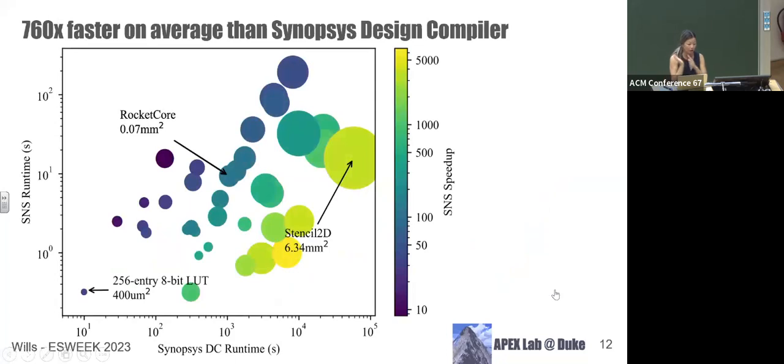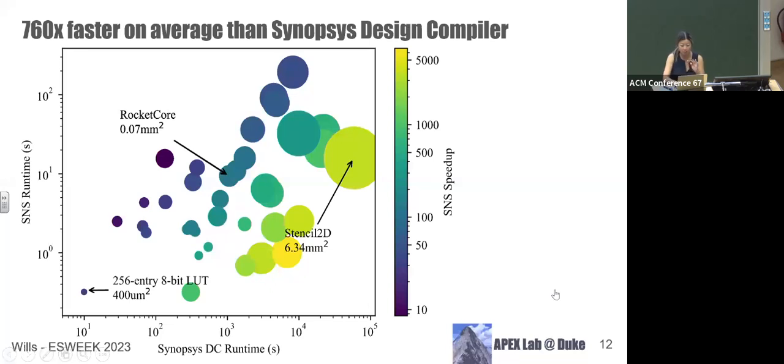Here's another result plot, but this time I'm not talking about accuracy. I'm going to talk about the speedup compared to Synopsys DC. On the y-axis, it plots the runtime of our model in log scale, and on the x-axis is Synopsys DC runtime in log scale. The runtimes are measured wall clock times on a dual socket 48 core Xeon Gold server.